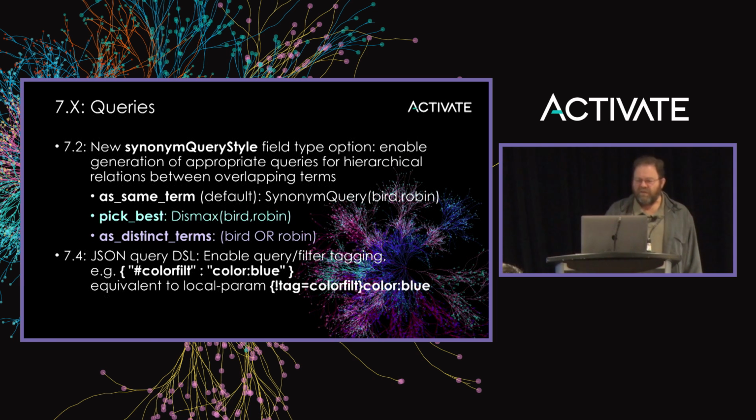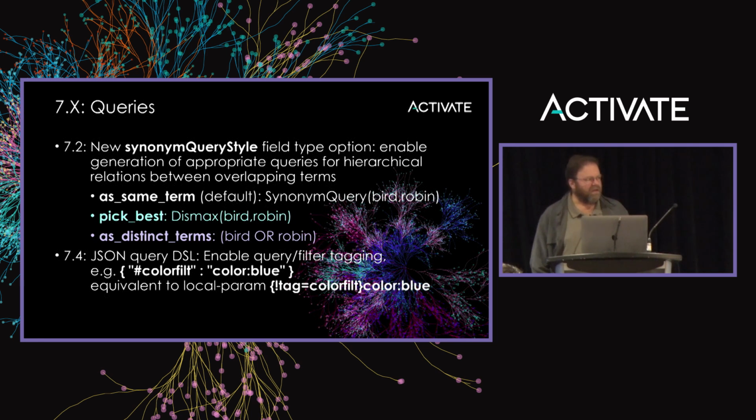Continuing with the queries topic at 7.x. In 7.2, a new synonymQueryStyle field type option was added. So synonyms functionality can be used to host relations between terms other than synonymy. When these overlapping terms are produced, you could use that capability to refer to more general and more specific terms in the same position.